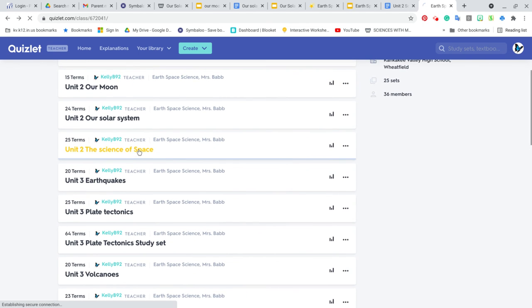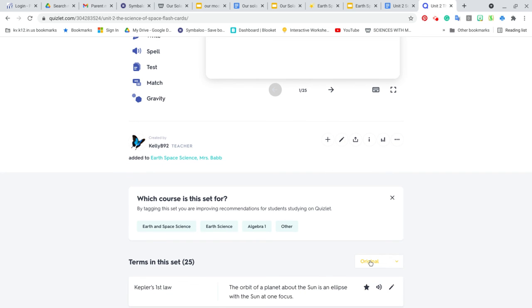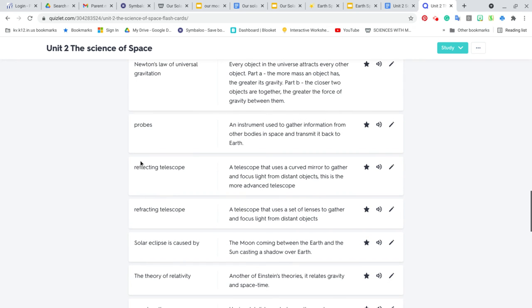Alphabetical. Is it? Yes. Refracting versus reflecting. There you go. Reflecting uses mirrors, okay? Refracting uses a set of lenses. That's the difference.